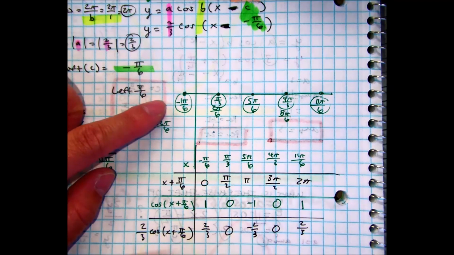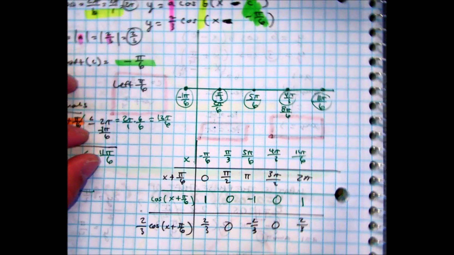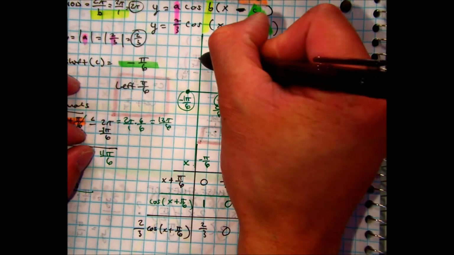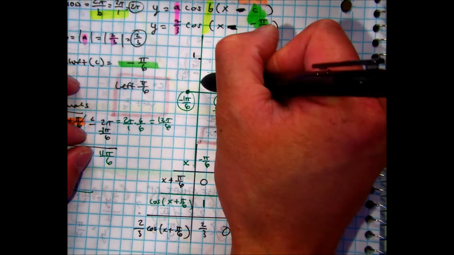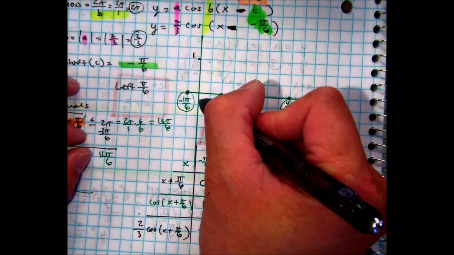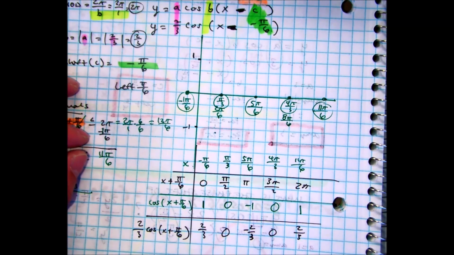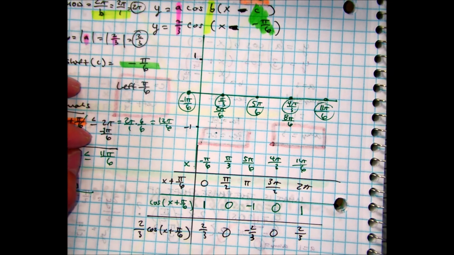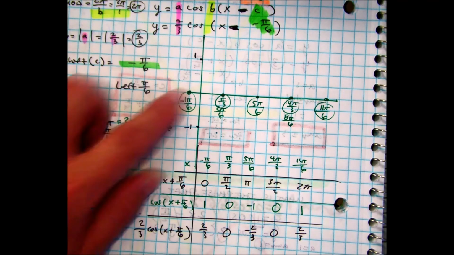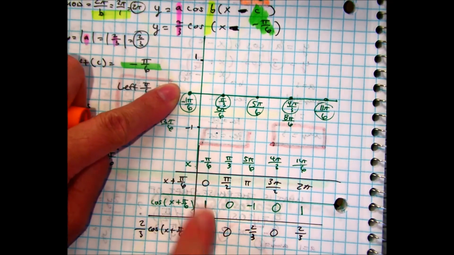Now I can just take those values and graph it. Up here is 1, so 1/3, 2/3, 3/3. At negative pi over 6, I have 2/3.